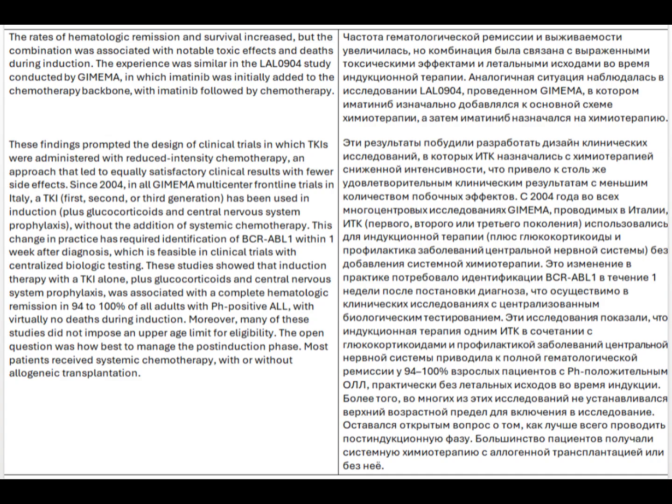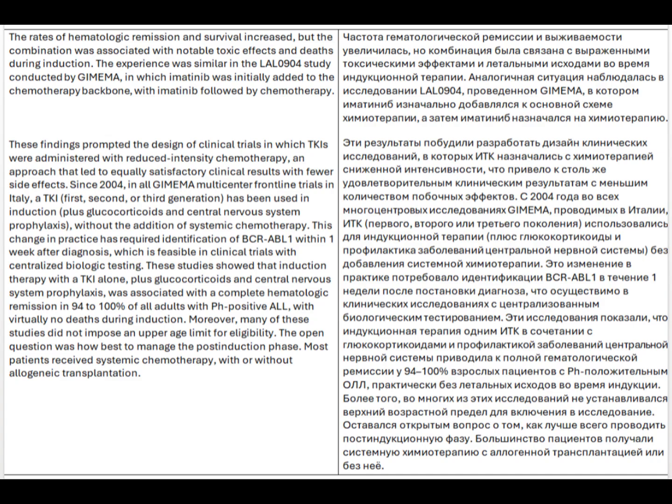Since 2004, in all GIMEMA multicenter frontline trials in Italy, a TKI, first, second, or third generation, has been used in induction, plus glucocorticoids and central nervous system prophylaxis, without the addition of systemic chemotherapy. This change in practice has required identification of BCR-ABL1 within 1 week after diagnosis, which is feasible in clinical trials with centralized biologic testing.